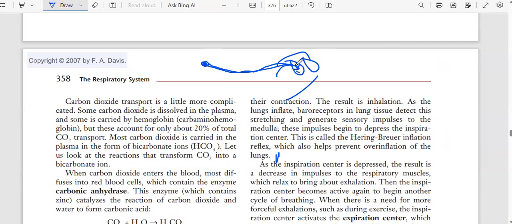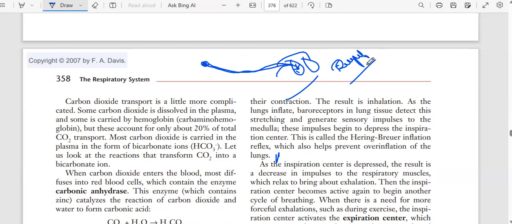When the lungs expand, we have receptors which detect how much air is inhaled and stop the inhalation, because if there is only inhalation, the lungs will collapse, the alveoli will collapse.